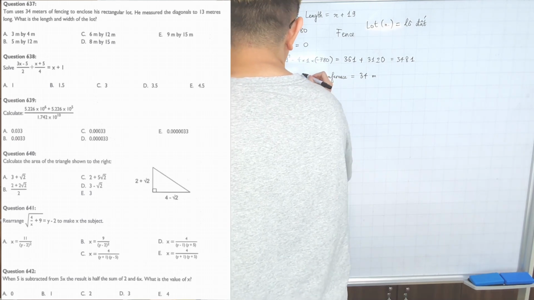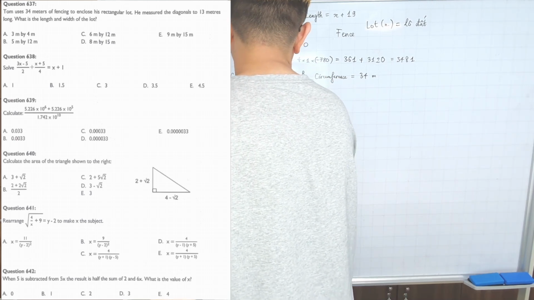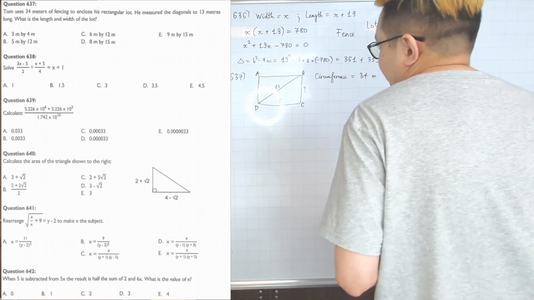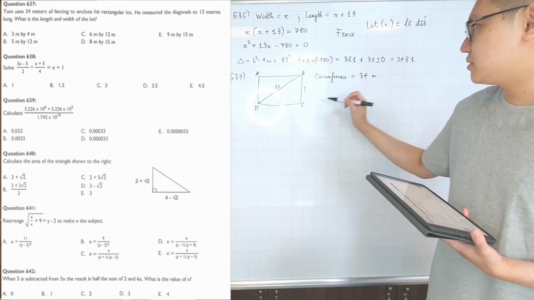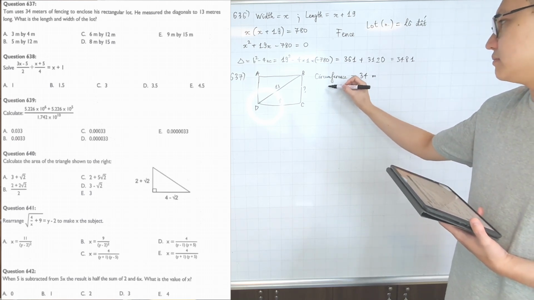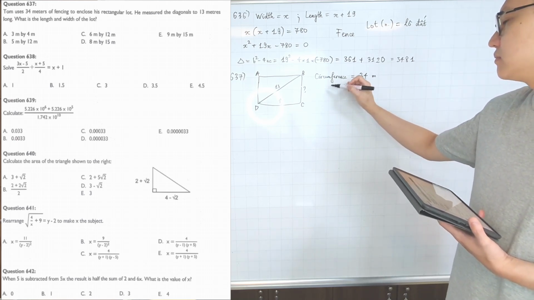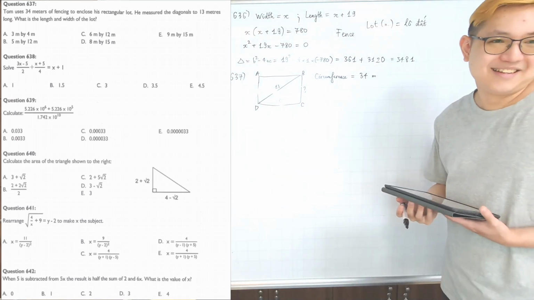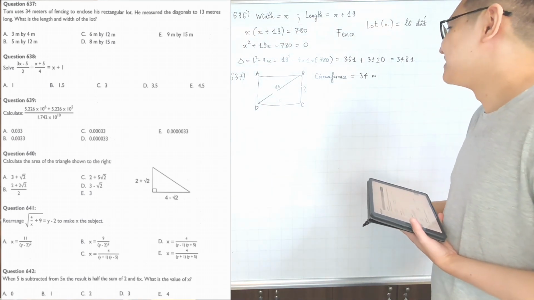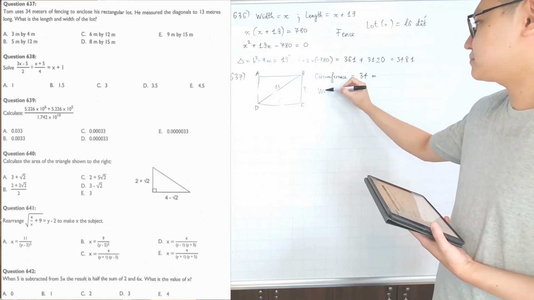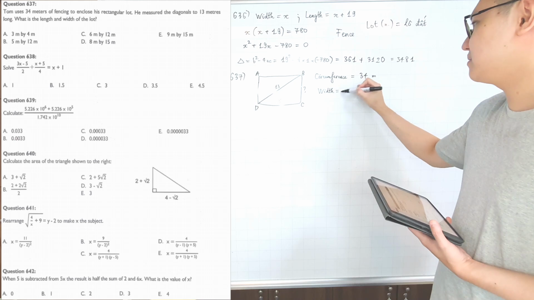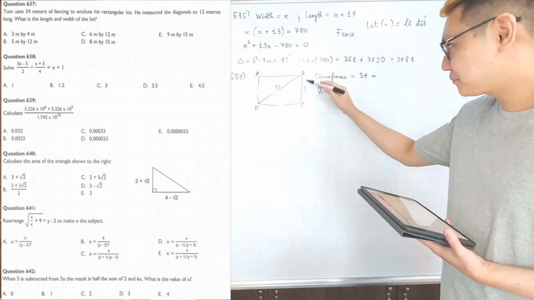So let's just say this is A, B, C, D, okay? Let's just call the width x.